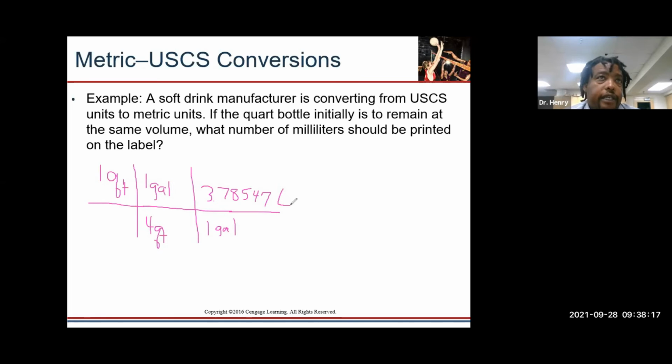We're going to use that. Then gallons are going to cancel out, quarts are going to cancel out, and I'm going to be left with just liters.